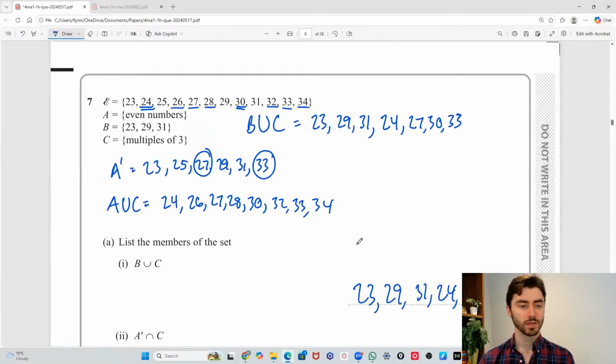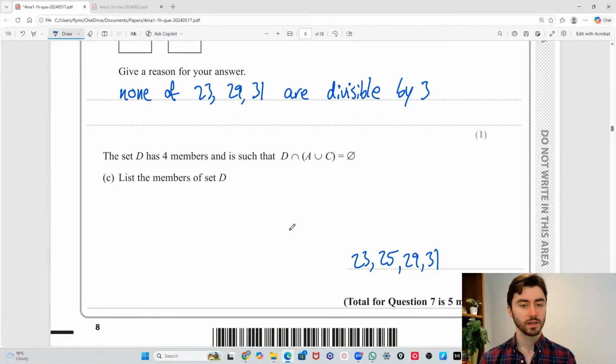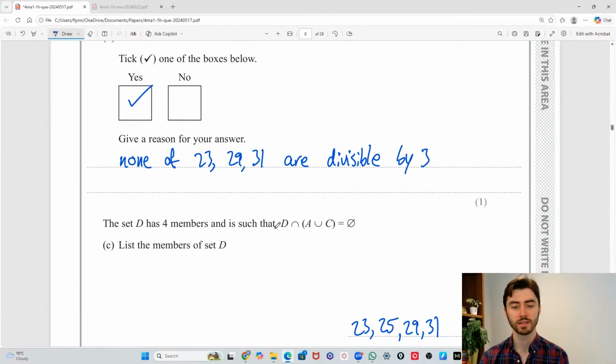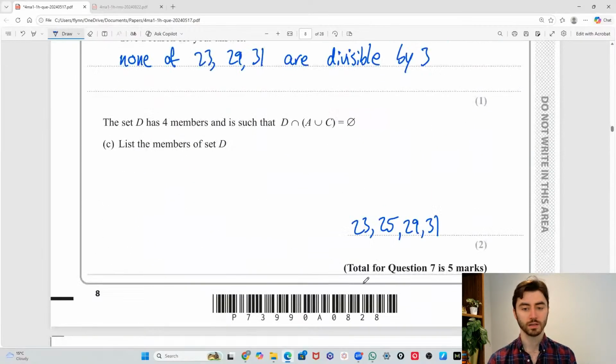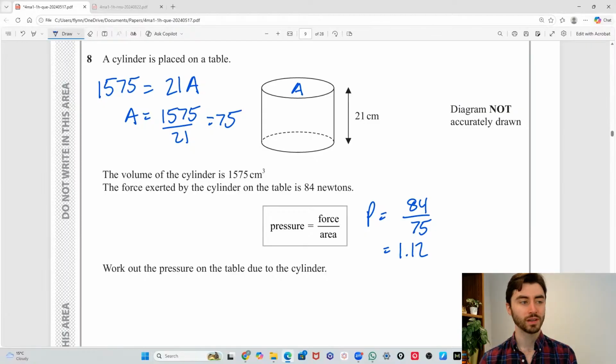B intersection C: yes, there are no multiples of 3 in B. Set of D is, so it's not, so there's nothing in D that is in either A or C. And A was, so they have to all be odds, which they are, and they have to not be multiples of 3, which they are. Cool. Not really a good way to check that one, kind of just redoing it.